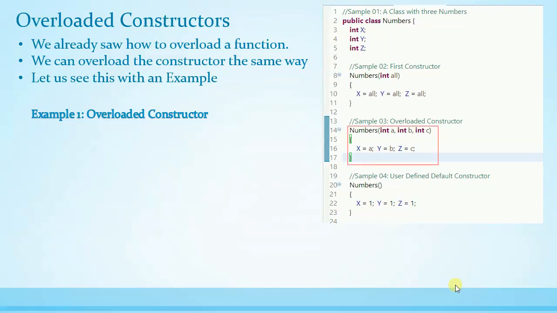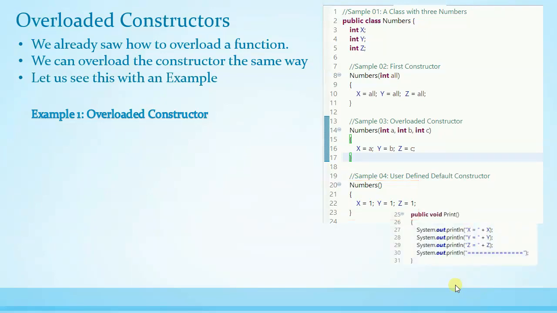The second version takes 3 parameters and initializes the values with those 3 parameters. That means all internal members may have different values as part of the initialization. The third one is the default constructor, which initializes all the members x, y, z to 1. Then we have a method called print that will print the x, y, z values.